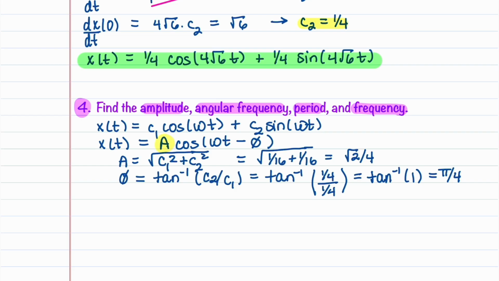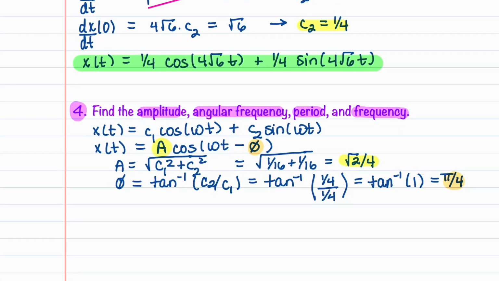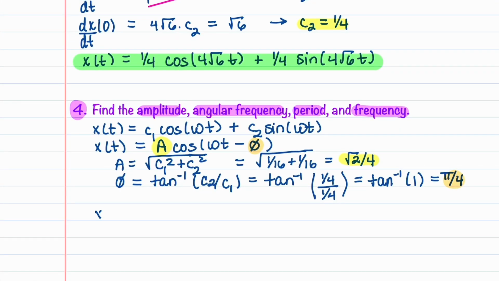Our amplitude is the square root of 2 over 4, and our phase constant is pi over 4. We can now write x of t as root 2 divided by 4 times cosine of omega, which is 4 root 6, times t minus phi, which is pi over 4.